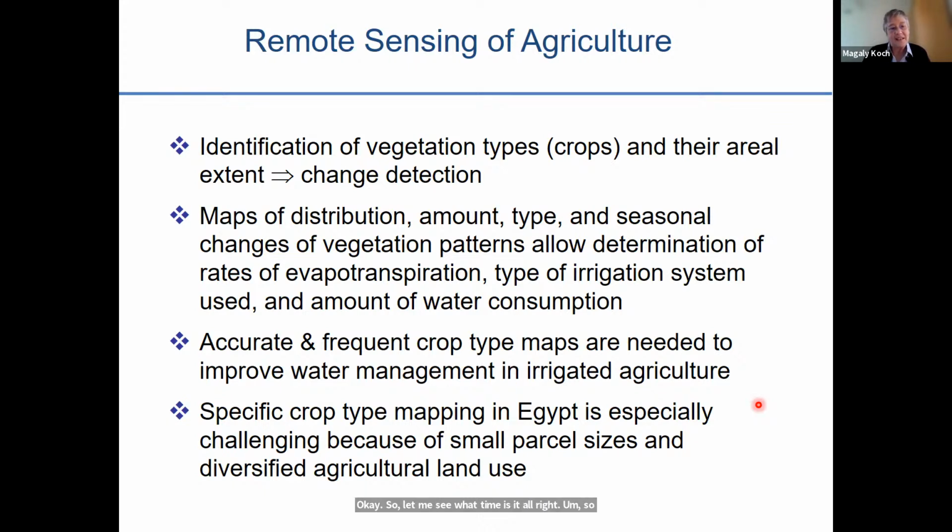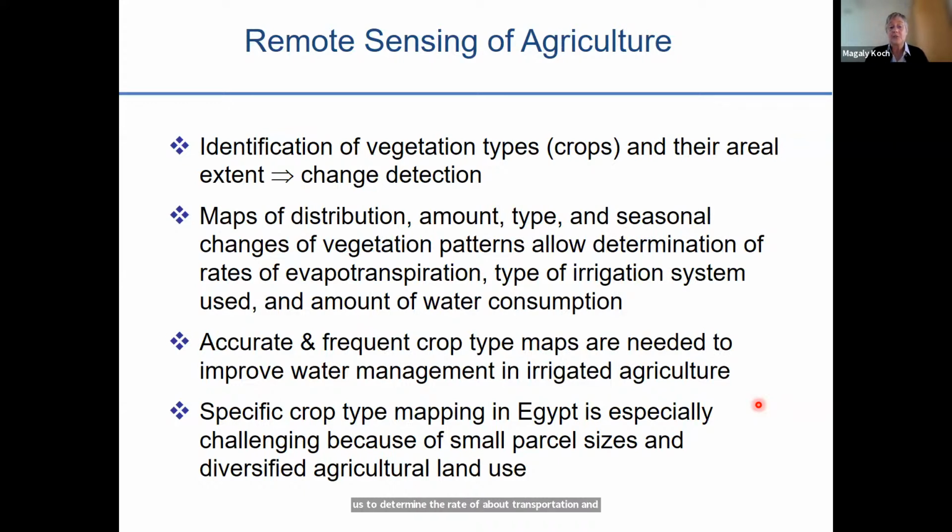This is an example of the use of remote sensing in agriculture. And so we learned how we can use these images to identify the vegetation types, the crop types, and measure their areal extent through change detection. Also, how we can map the distribution, amount, type and seasonal changes of vegetation patterns that allow us to determine the rates of evapotranspiration.